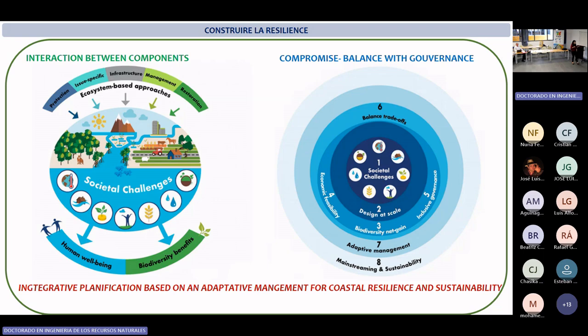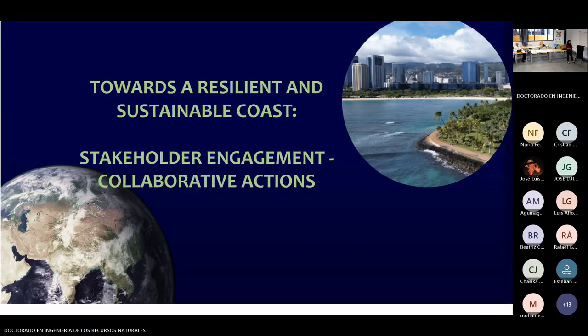So we have to look for an integrated planning based on adaptive management for coastal resilience and sustainability. We have to integrate all the components to look for the best, most adequate solution for our systems.